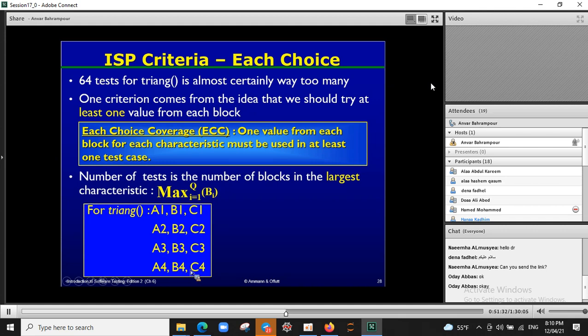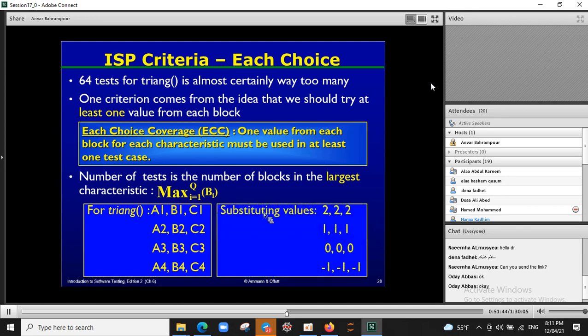Any row of this table is a test case. And when we want to translate these blocks into concrete values, we just substitute each block by a boundary value of that block.